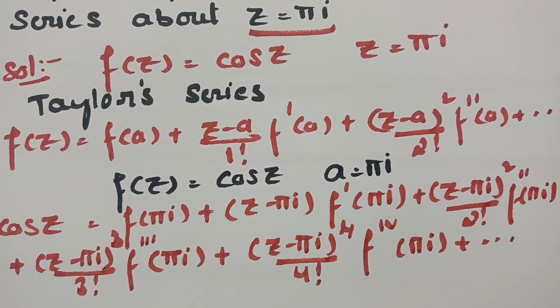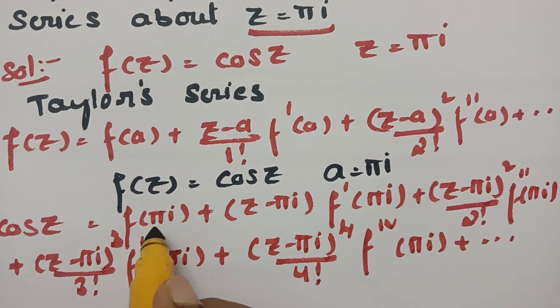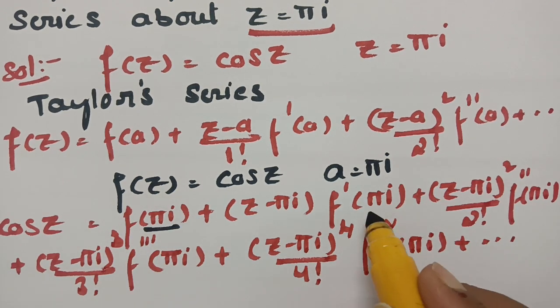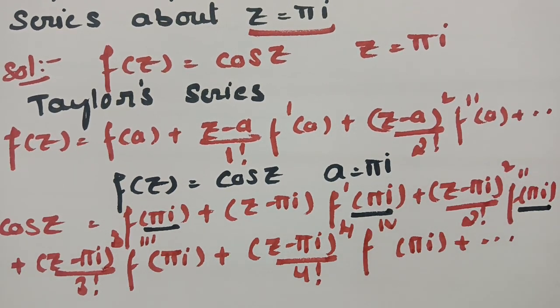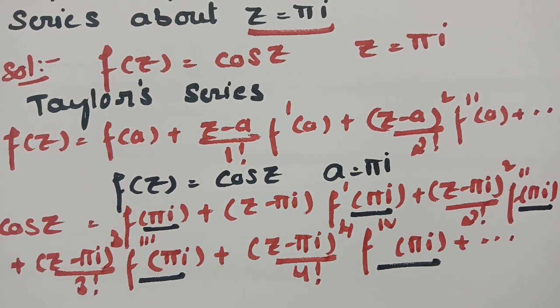Now, in order to substitute, I need the values of f of pi i, f dash of pi i, f double dash of pi i, f triple dash of pi i and f fourth dash of pi i.